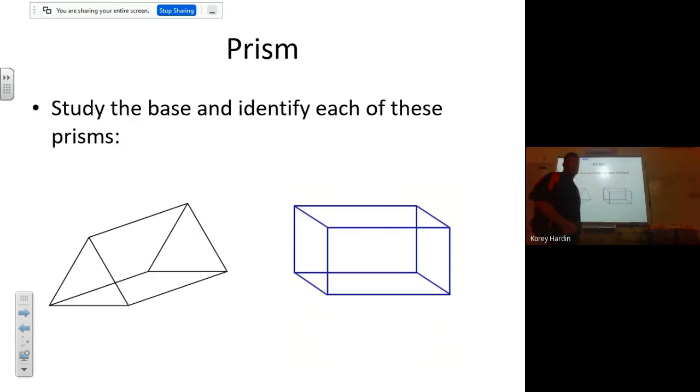All right, so on the one on the left, this one is a triangle, okay? And it's got 1, 2, 3 sides. And on the right, this is a square. Actually, it's not a square, it's a rectangle, my apologies. 1, 2, 3, 4 sides. Okay?